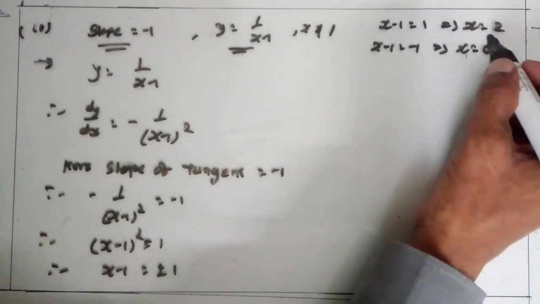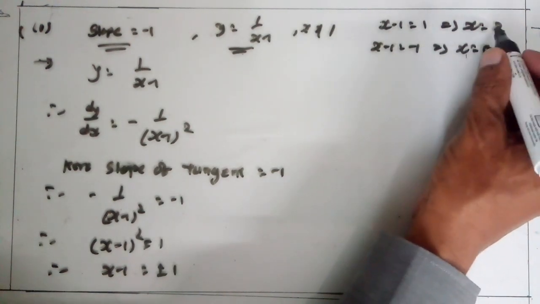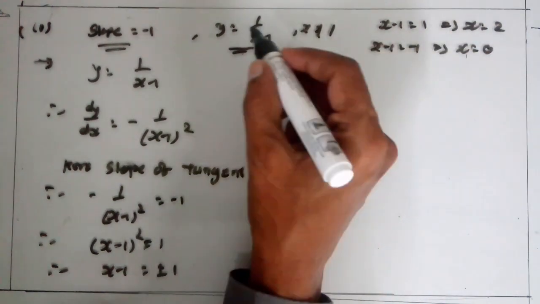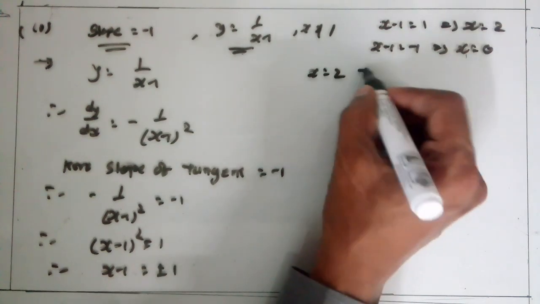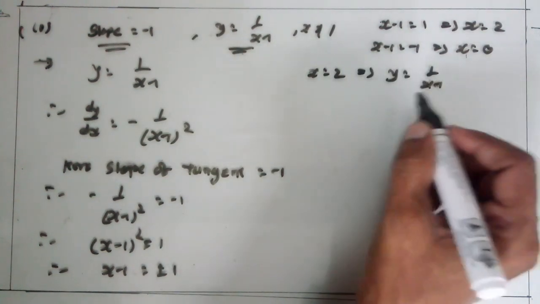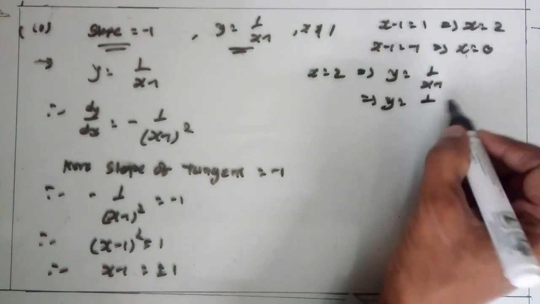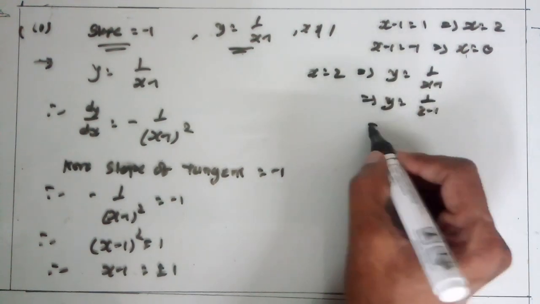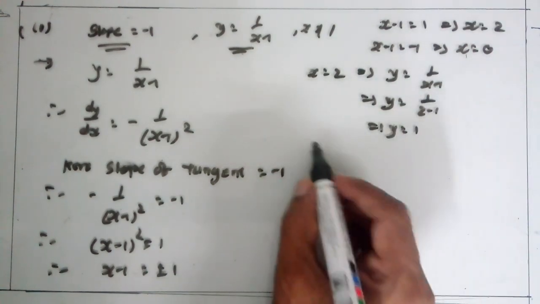So first, using x coordinates 0 and 2, we get a y coordinate on this line. So x is equal to 2, this implies y is equal to 1 upon x minus 1. So y is equal to 1 upon 2 minus 1, so y is equal to 1 upon 1, that is 1.